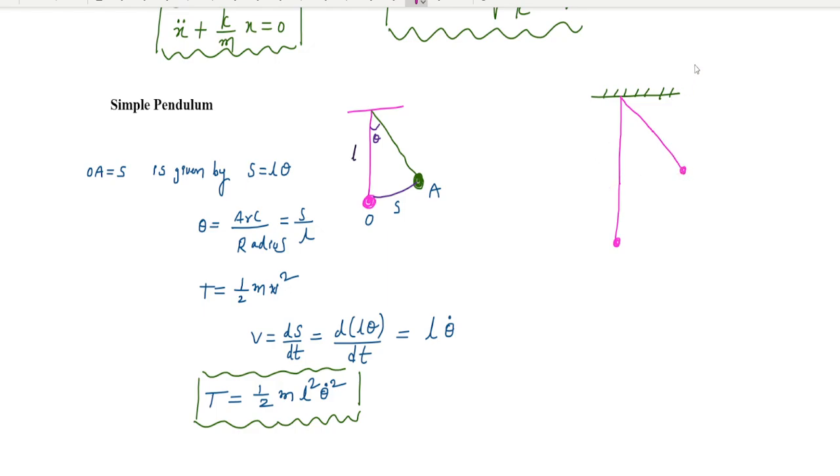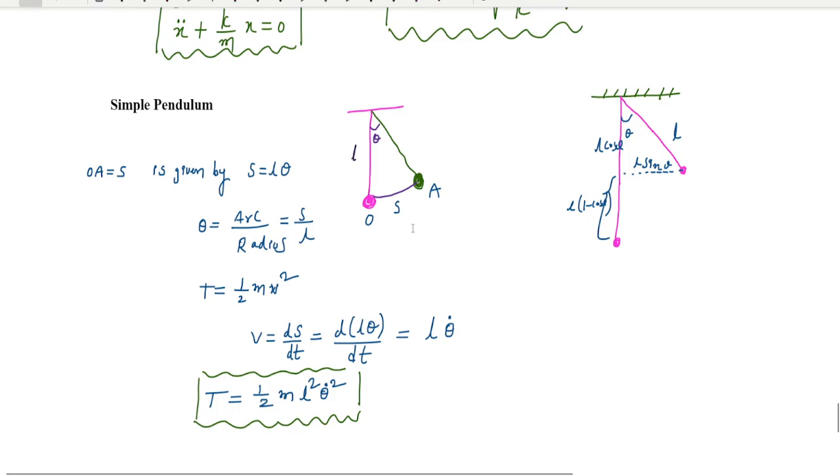This is the length of the pendulum, and the angle is theta. So we know this axis value: this is L sine theta. What about this one? L cos theta. So this is L into 1 minus cos theta.